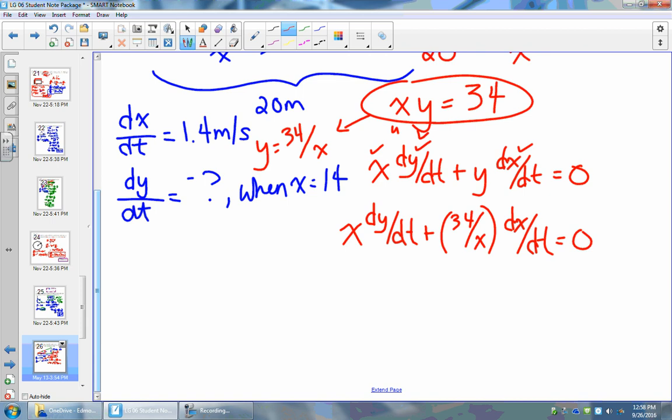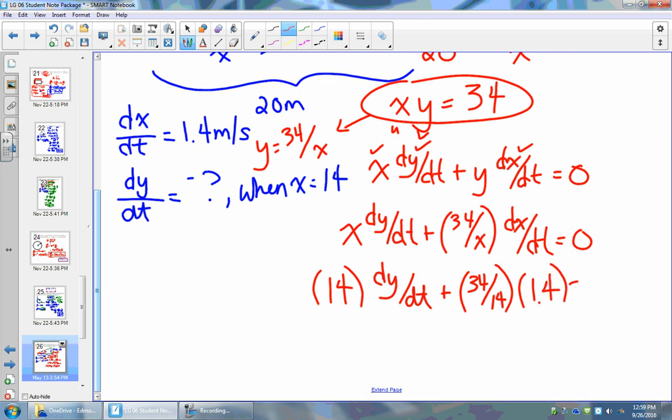And now we can start to plug everything in. So I've got my x, which is 14, my dy over dt, which is what we're looking for. So I'm just going to rewrite that, plus 34 over 14 times 1.4, and that's going to be equal to 0.